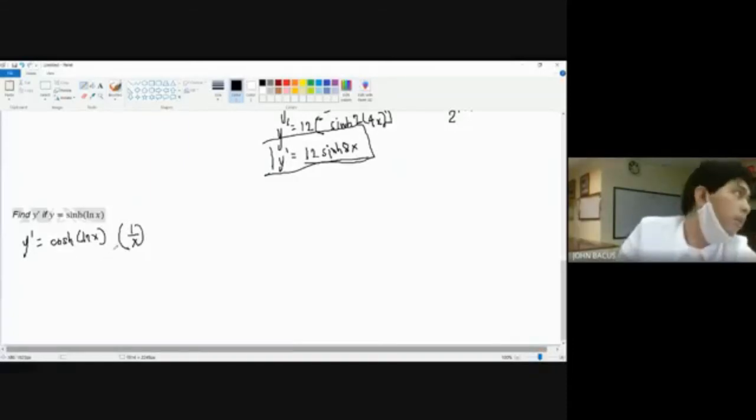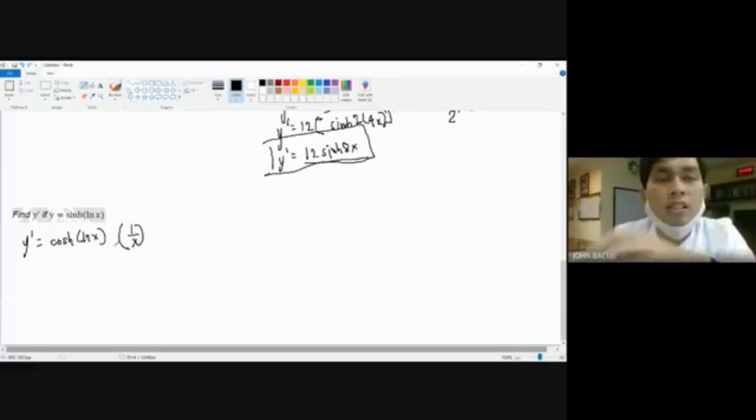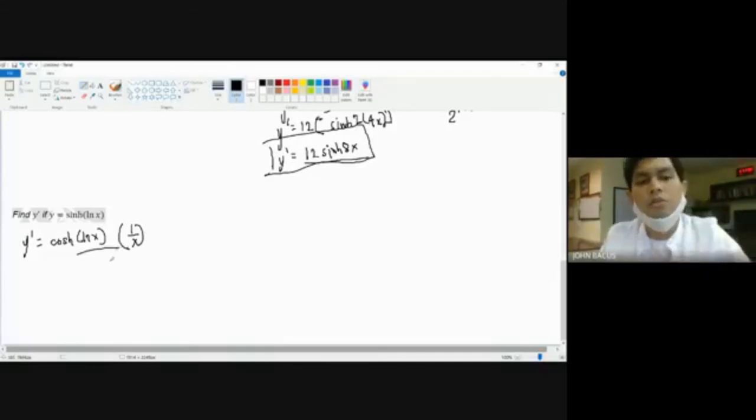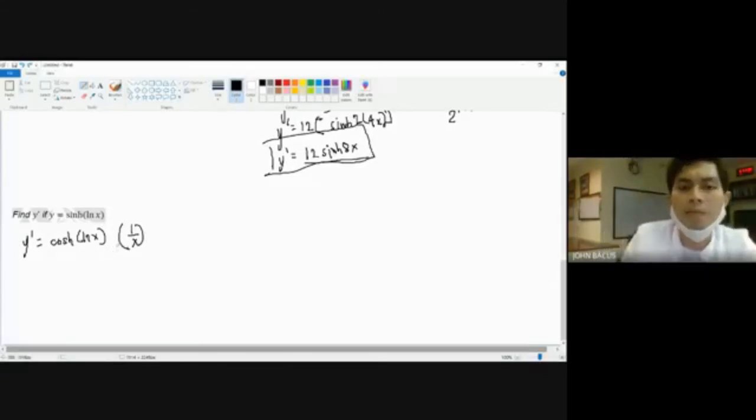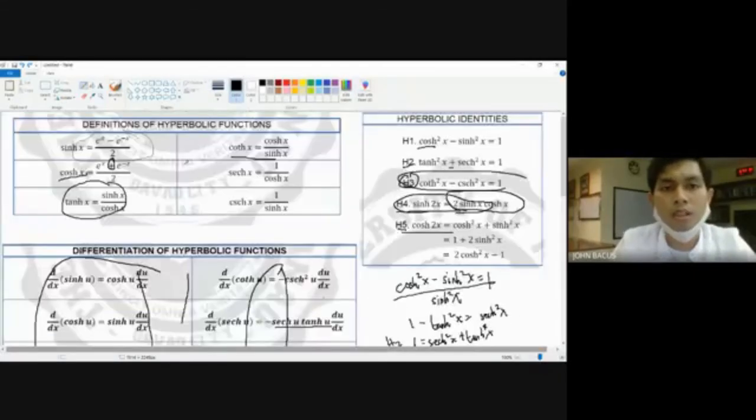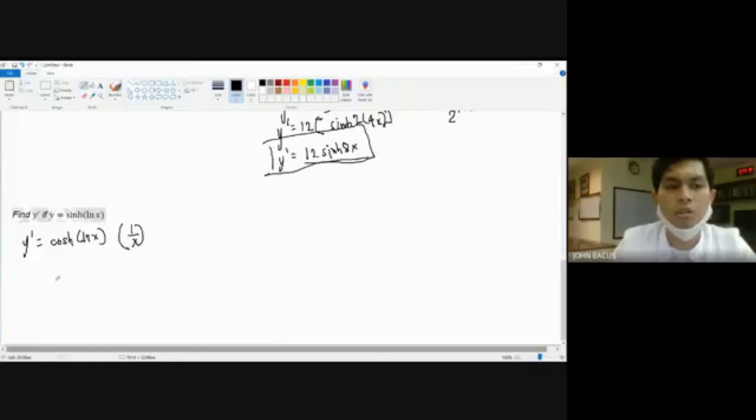What if the choices are not like this? What if there is an x squared? Therefore, we are going to make use of the definition of hyperbolic functions. Remember that cos h x equals e to the x plus e raised to negative x over 2.